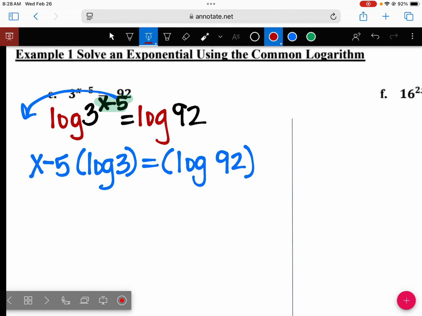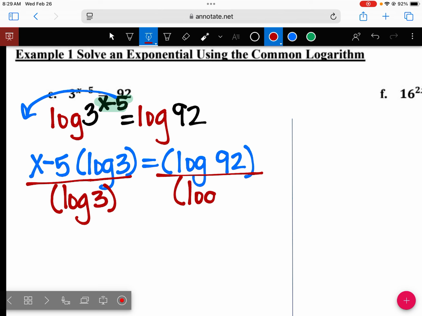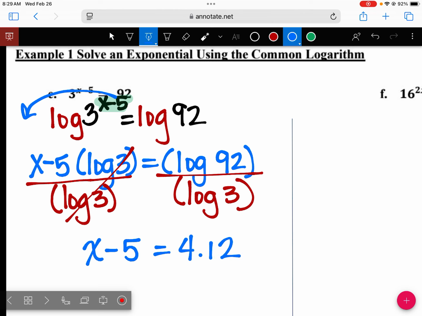And now we're going to divide both sides by the log of 3. So pick up your calculators, type in log of 92 divided by the log of 3.